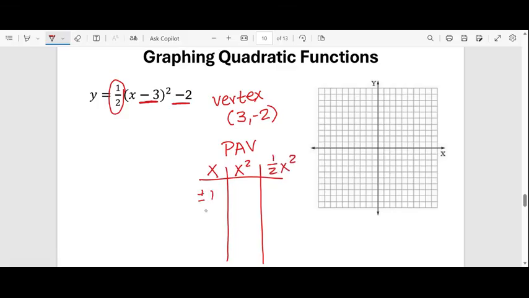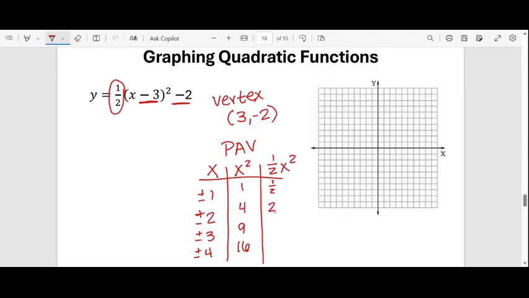So just like normal, fill this in with your left and right movement, your start to your up and down movement, and then your actual up and down movement, which is going to be 1/2 times that column in the middle. So 1 times 1/2 is 1/2.